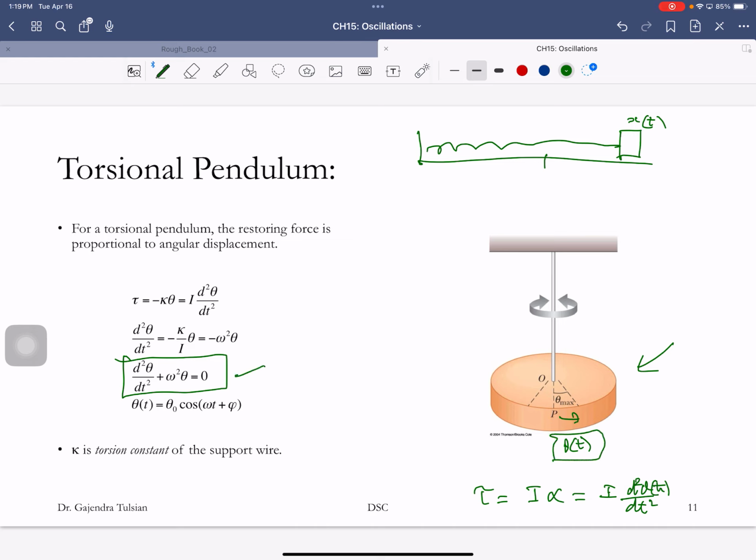And both those coordinates satisfied the exact same differential equation. So the take-home message is, very different, apparently different looking systems are mathematically equivalent. Yes, so the same differential equation governs the behavior of that system.